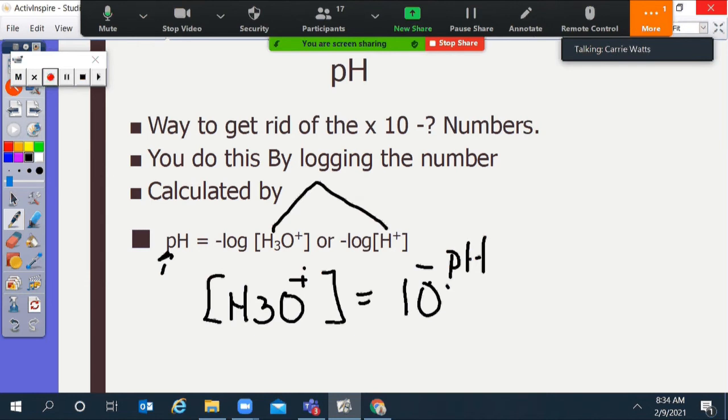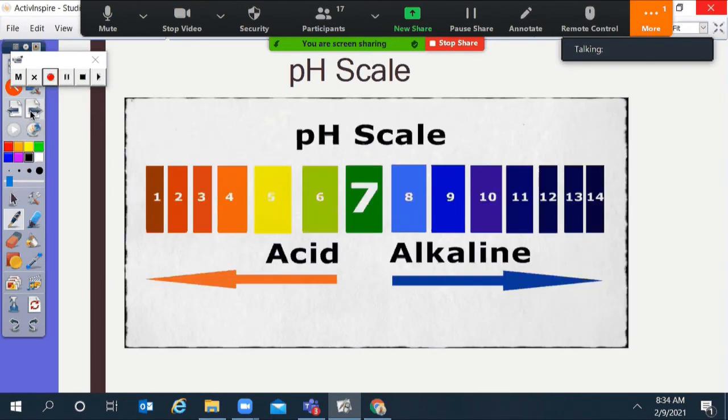So this is an important one to know. You probably don't need to memorize it since you guys are very good at math, but hydronium concentration equals 10 to the negative pH. So that's one way, if you know the pH, to get to the concentration of hydronium or H+.